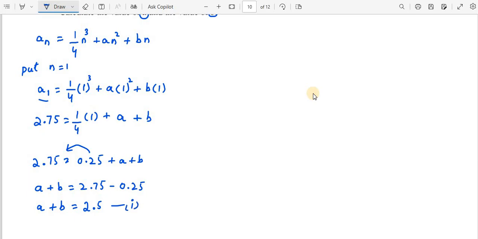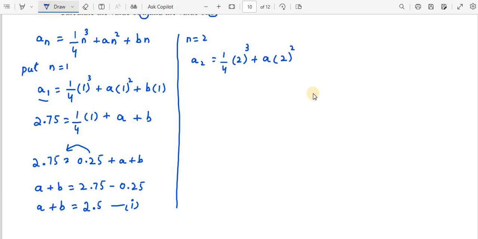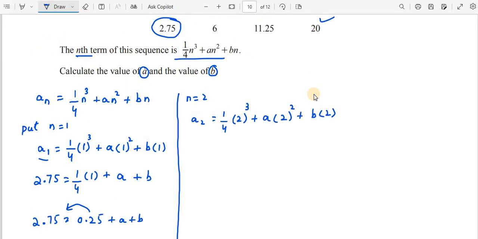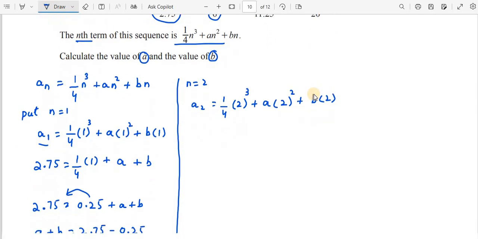And now solve for the second term. We use this same formula, put n is equal to 2. a2 is equal to 1 by 4, n here is 2, raised to the power 3, plus n is 2, overall power 2, plus b into 2. So a2 means second term, and the second term is equal to 6.